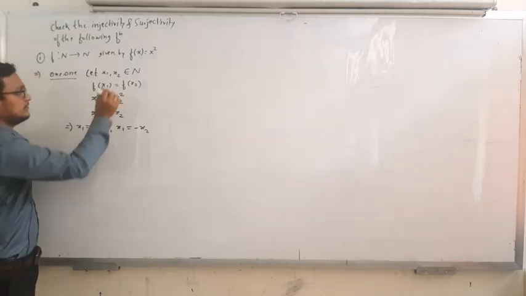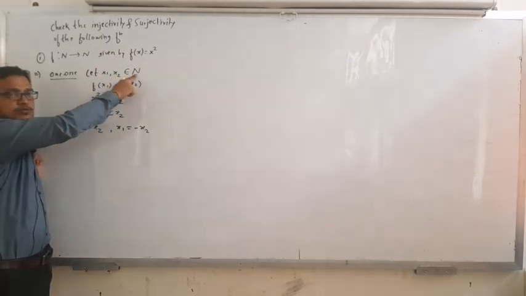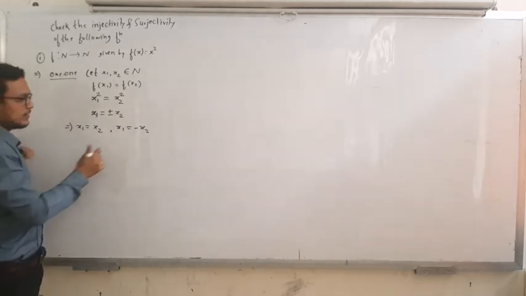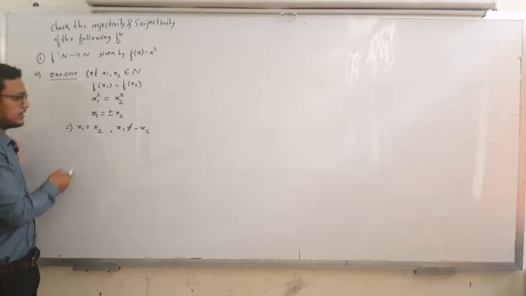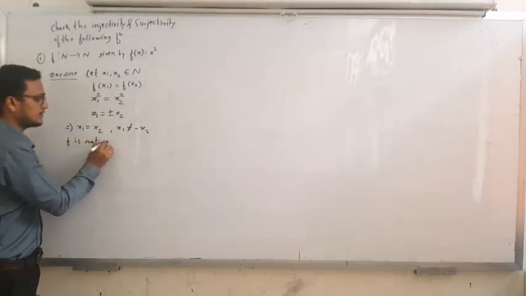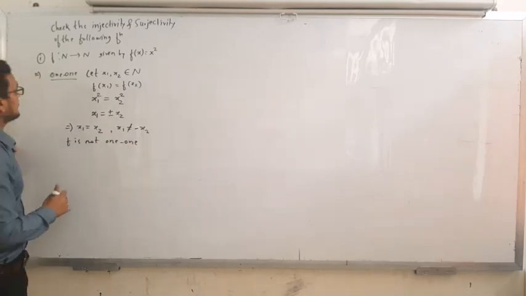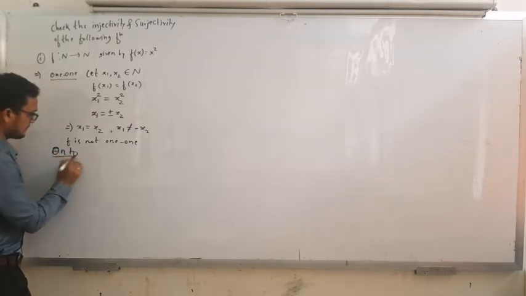But x1 and x2 belong to the set of natural numbers, and in the natural numbers we don't get any negative number, but here I am getting a negative. So they are not equal. If it is not equal, in the sense, f is not one-one.